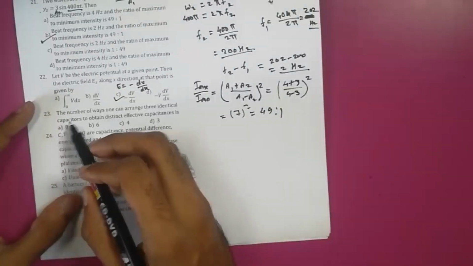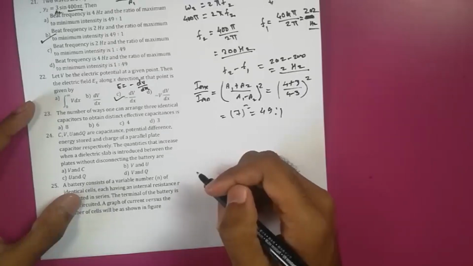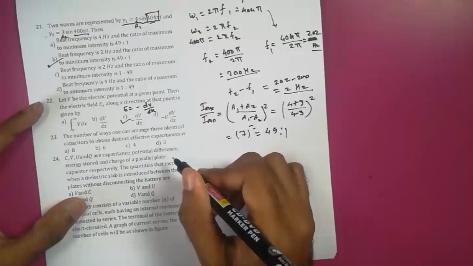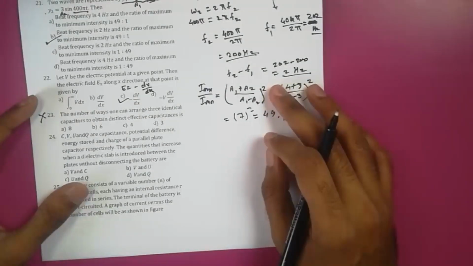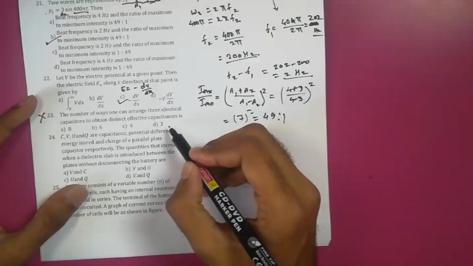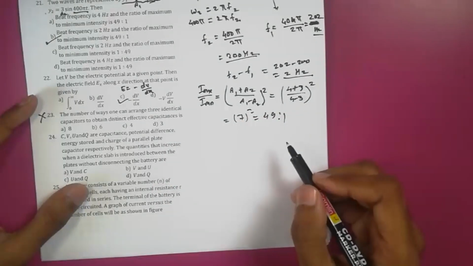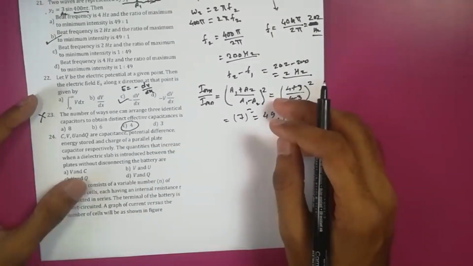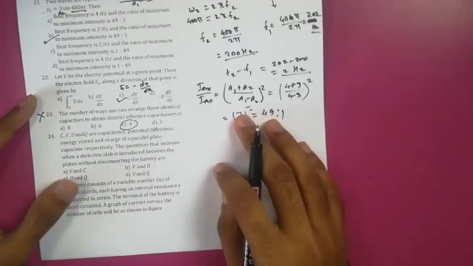Now next, the number of ways one can arrange 3 identical capacitors to obtain distinct effective capacitance is. Okay, I'm cancelling this out. Mostly, if you want to find the actual answer to this question, it's kind of simple to find out that there are only 4 options to arrange the 3 identical capacitors so that we can find the effective capacitance.